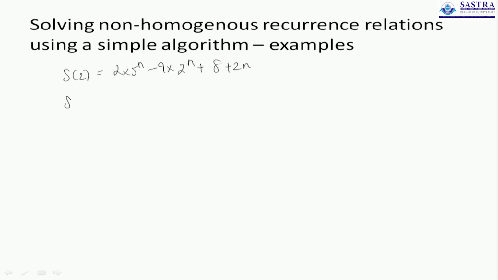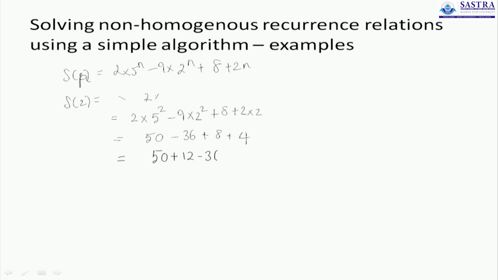Now S of 2 has got to be 2 times 5 square minus 9 times 2 square plus 8 plus 2, which is 2 times 25, 50, minus 9 times 4, which is 36, plus 8 plus 2 times 2, which is 8 plus 4, that's 50 plus 12 minus 36, 62 minus 36, which is 26.